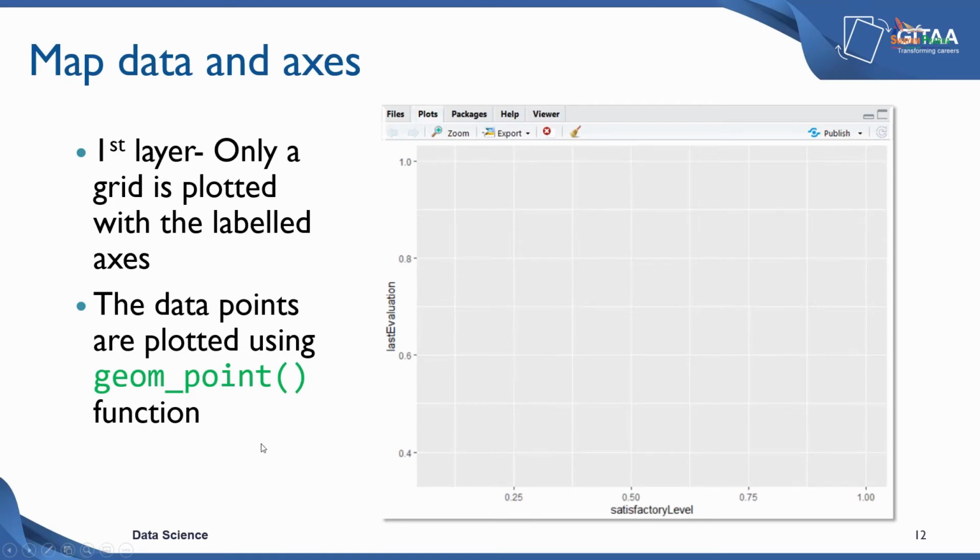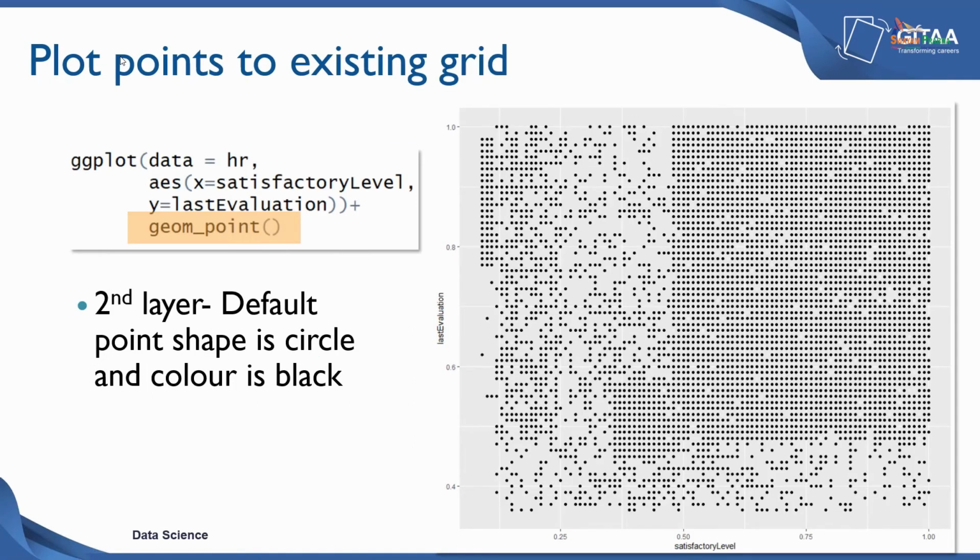The next step is to plot all the data points, and we are going to use the function geom_point. From here we are going to build layer by layer. The first layer is the grid. The next layer is going to be adding the function geom_point. So ggplot and the data and the x and the y axis, all that you've mapped in the earlier step is going to be the same. The only addition to this step is you need to add the function geom_point with the parenthesis.